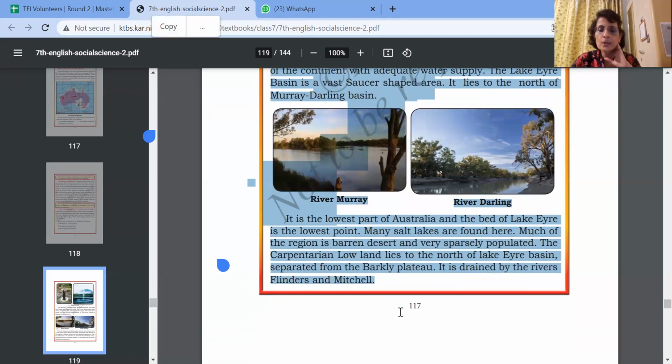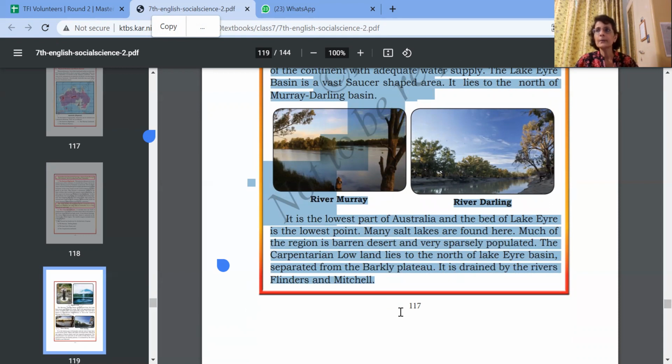Now it is the lowest part of Australia and the bed of Eyre is the lowest point. So this is another point you mark, that Lake Eyre जो है, it is the lowest part of Australia. Means बिल्कुल ही flat से flat land पे है. It is the lowest part of Australia and the bed of Lake Eyre is the lowest point of Australia.